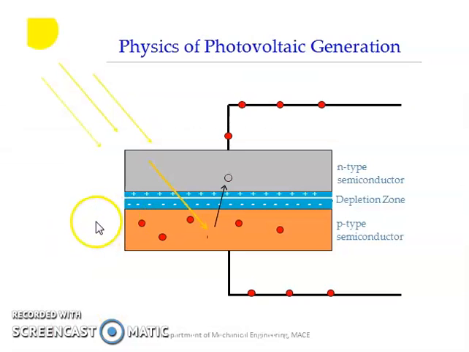That phenomenon of photovoltaic cells can also be explained with this. These are two different materials, N-type and P-type semiconductor, and this is the junction. When it is exposed to light, EMF is generated, which can be measured. So normally we can measure the presence of light by using these transducers.